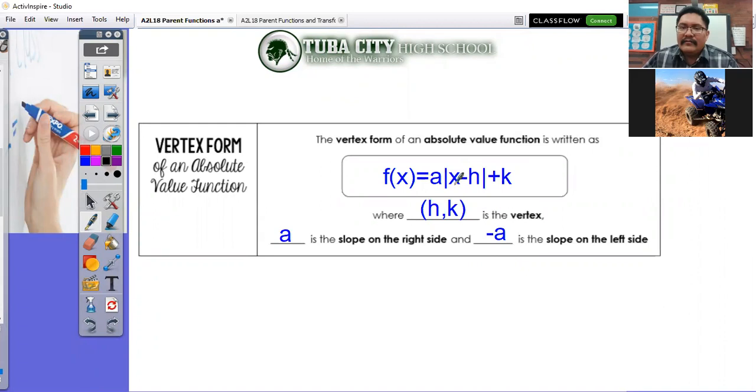When you take it out, you have to take off the negative, or if it's negative, you have to turn it positive. And a is the slope on the right side, and -a is the slope on the left side. So that might be confusing, and in fact, this whole thing might sound confusing, but actually it's pretty easy once you get the basics. I'm going to guess that most of you, after doing just a few of these, are going to get it pretty easily.